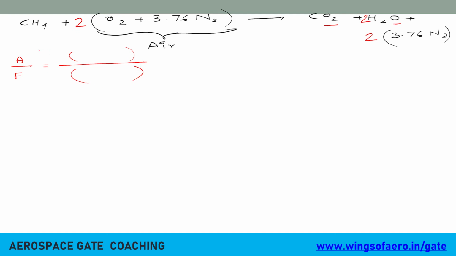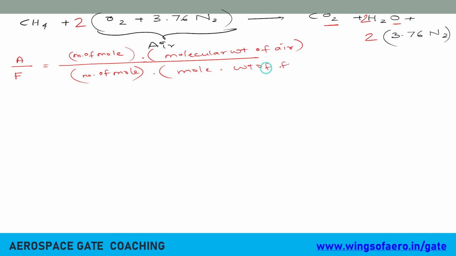It's nothing but the number of moles into the molecular weight of air, and here also the number of moles into the molecular weight of fuel. Very simple. So what is the mole of air?